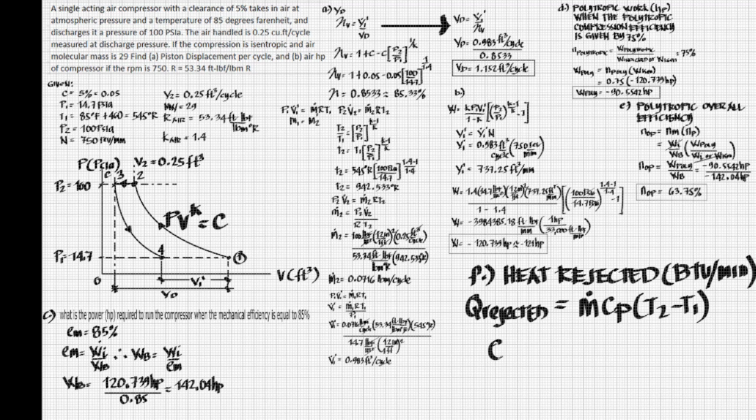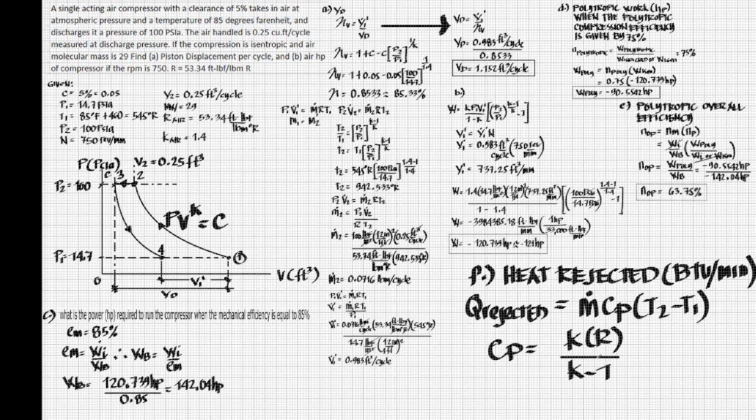So knowingly the relationship that CP is equal to K times my R, all over K minus 1.